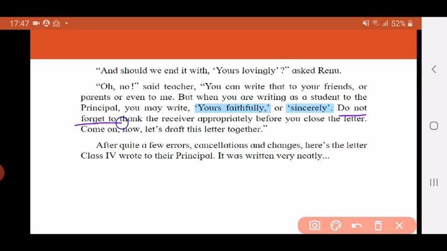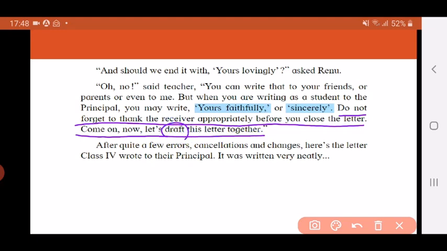Do not forget to thank the receiver appropriately before you close the letter. Before you end the letter, it is very important that you thank the person to whom you are writing the letter. Come on now, let's draft this letter together.